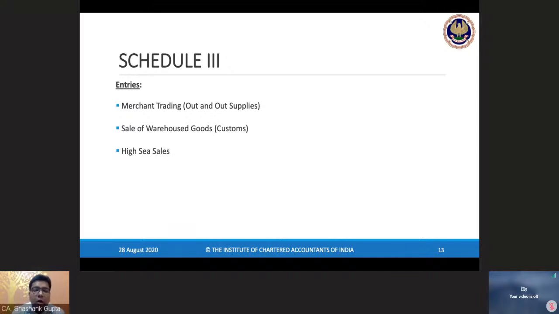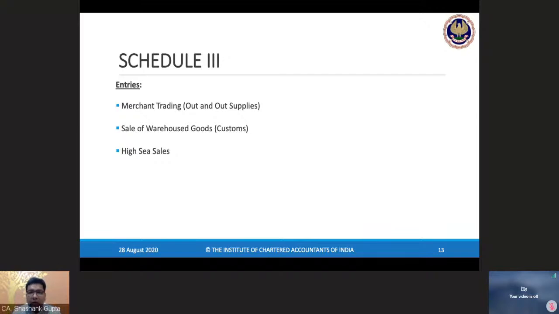And hence the concept of customs bonded warehouse has come up, wherein goods are brought to India, goods are deboarded at the port in India, goods are stored in a warehouse under customs jurisdiction.